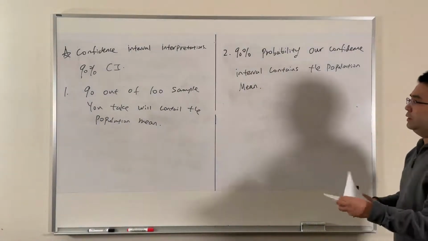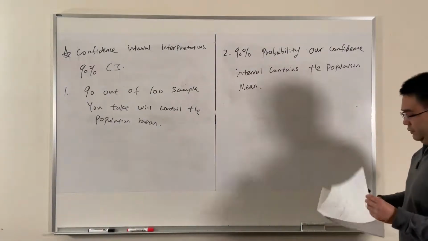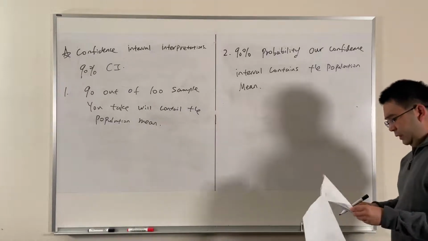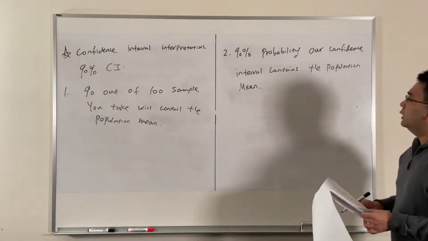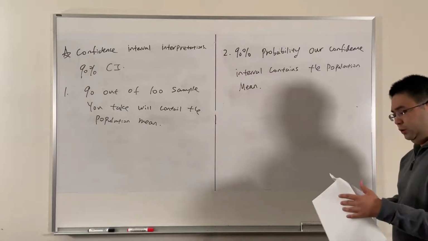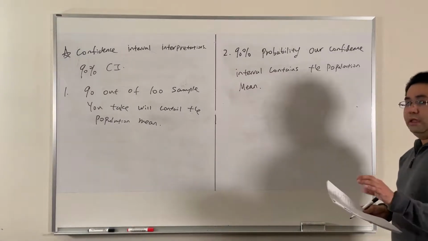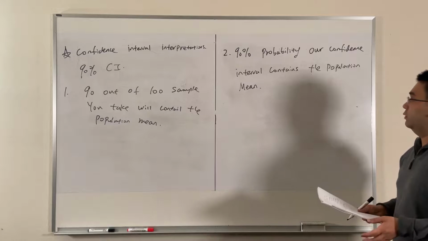That's another interpretation we have for confidence intervals. Okay, so next I want to put out a note to talk about the standard error part that we need to be careful about.